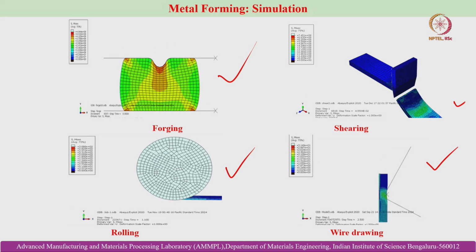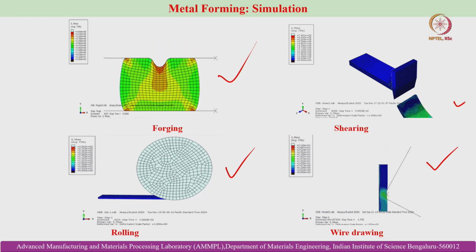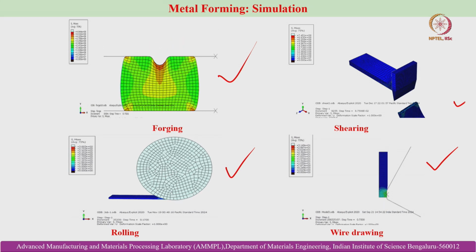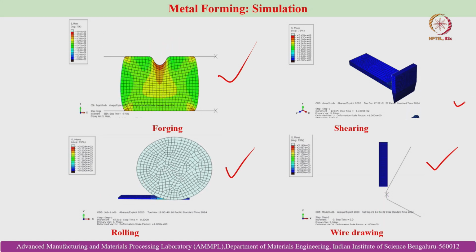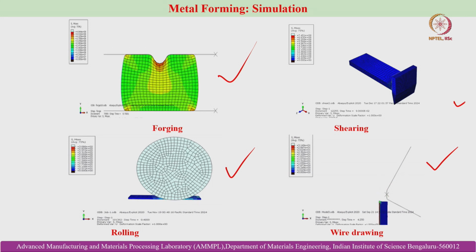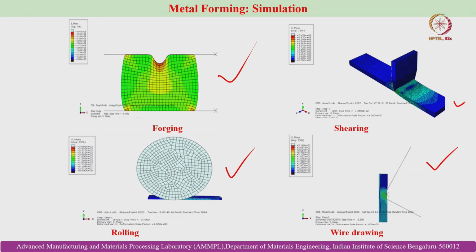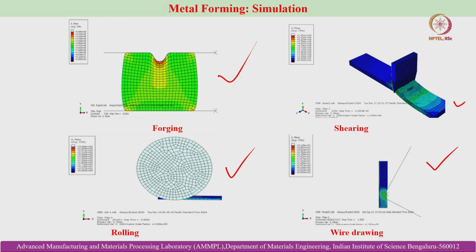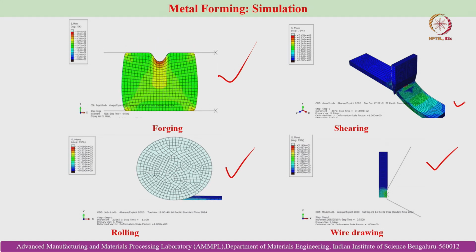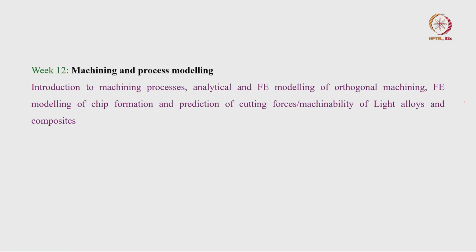It can give you the mechanics involved in the process, and also it can provide the best set of parameters. So these are basically all physics informed models that can serve both the purpose of knowledge generation and also process control. So with this we are done with the brief overview of the metal forming and process modeling aspects.